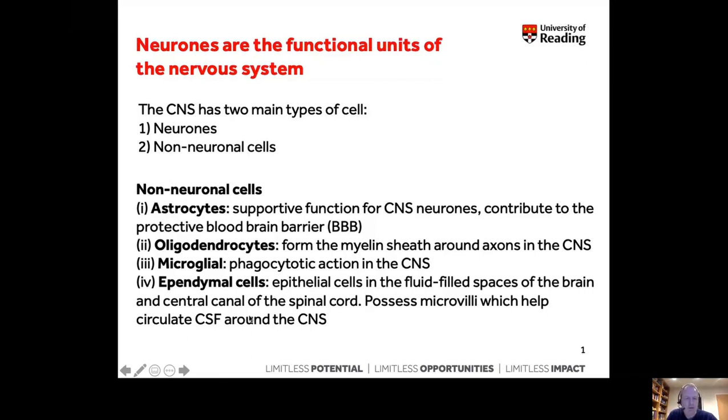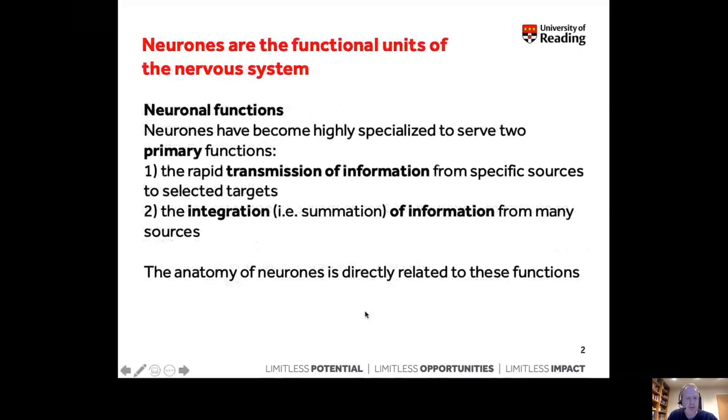So really the take-home message is that we're going to focus in these lectures on neurons as the functional units of the nervous system, but there are other non-neuronal cells which are also important. Having said that, we'll focus on neurons. So neurons or nerve cells have become highly specialized to serve these two primary functions detailed here.